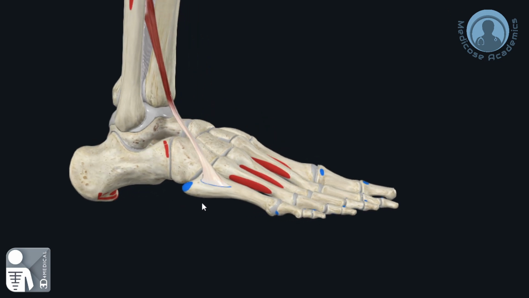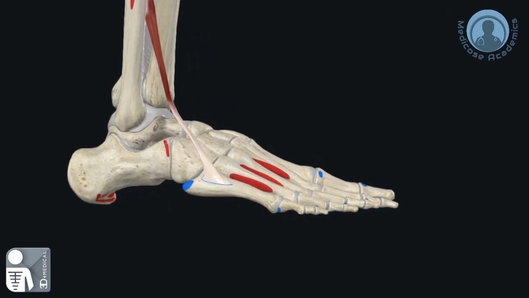Last but not the least, it pulls the lateral end up. So it is basically helping in keeping the lateral arch intact. It helps to support the lateral longitudinal arch.